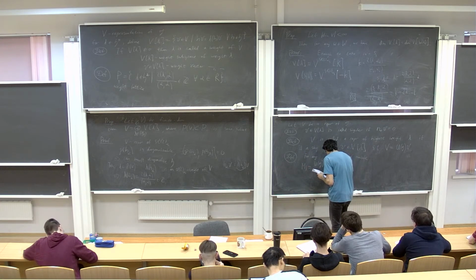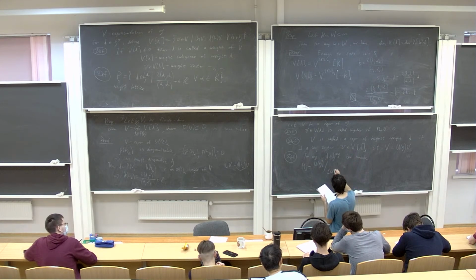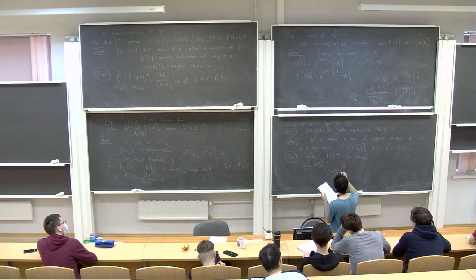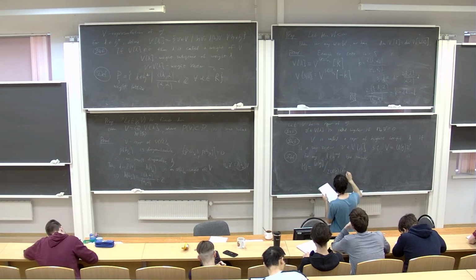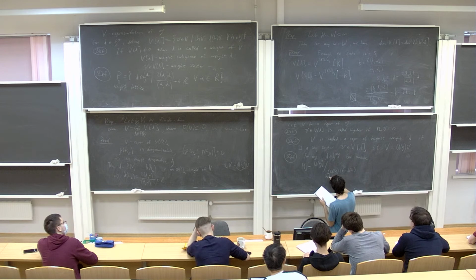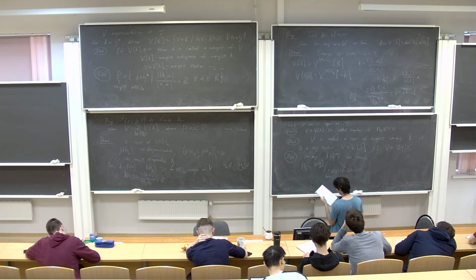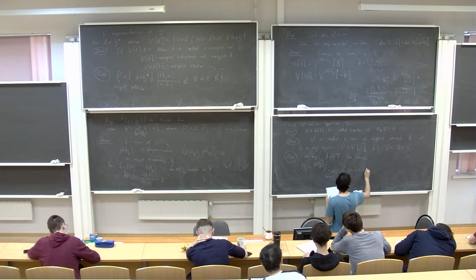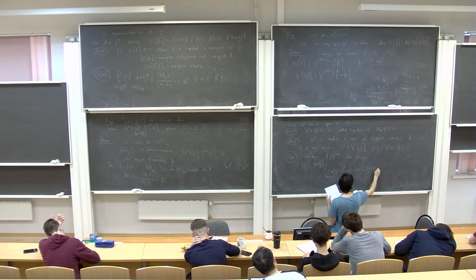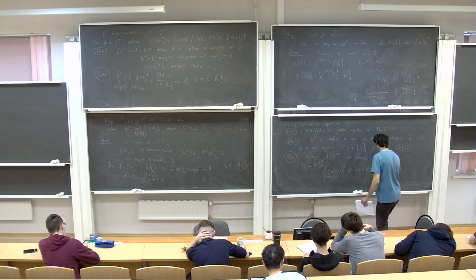It's a left ideal generated by a bunch of elements, like this, where H here is from H, plus U of G n plus. So like that.